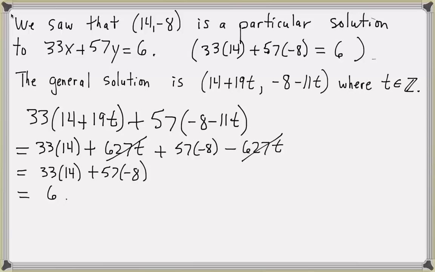Now I'm going to prove a theorem that shows us how to find this general solution if we know a particular solution. Suppose we have one particular solution, so we know the coordinates x0, y0 of the solution.